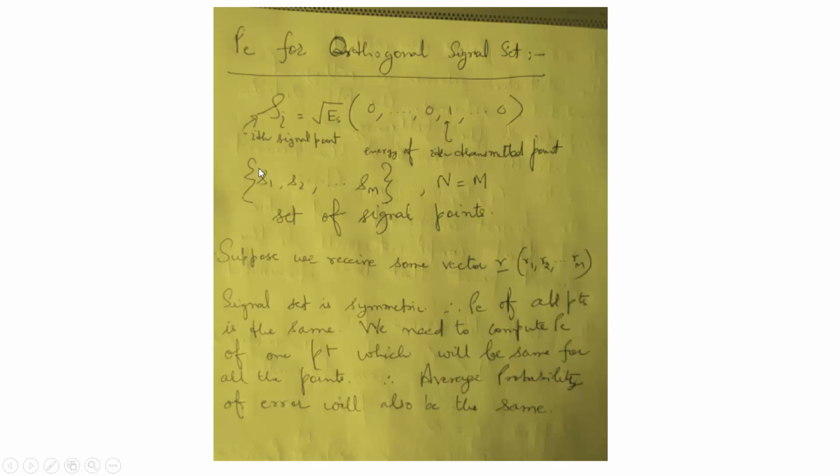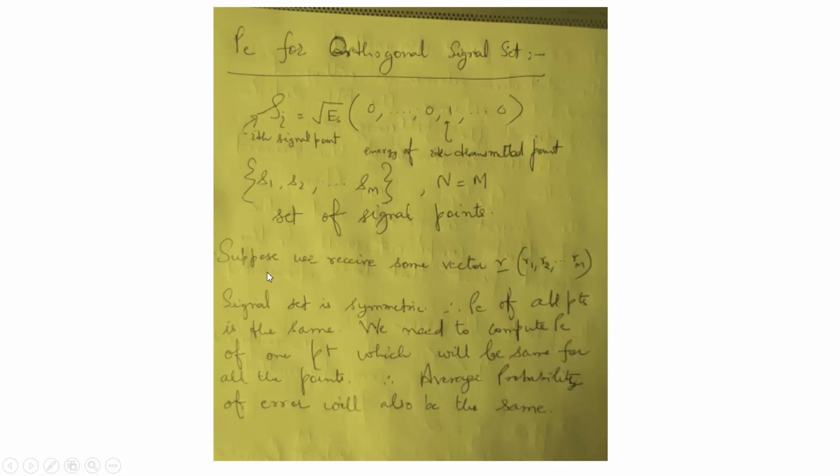Now this is the signal set in any orthogonal modulation scheme, S1, S2 up to S subscript capital M. We also know that in the orthogonal signal set, the number of signal points is equal to the dimensionality of the orthonormal basis.